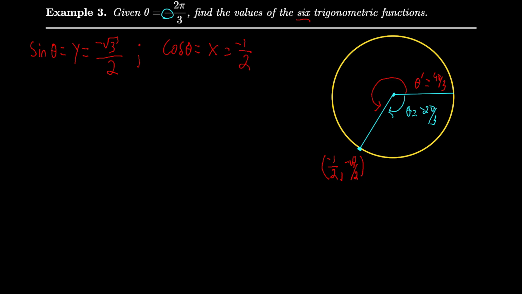Okay, now let's do the other pair here. Let's do tangent, which was y over x. So tangent of theta is y over x. So y was root 3 over 2, over 1/2, except they're both negative.